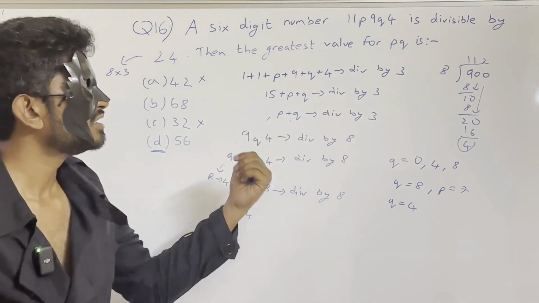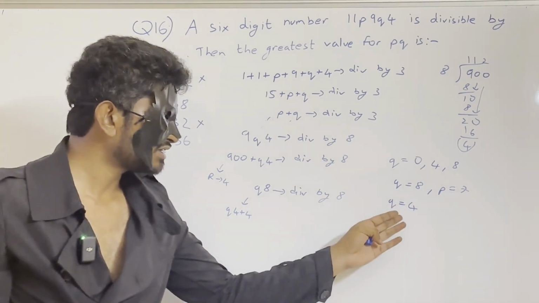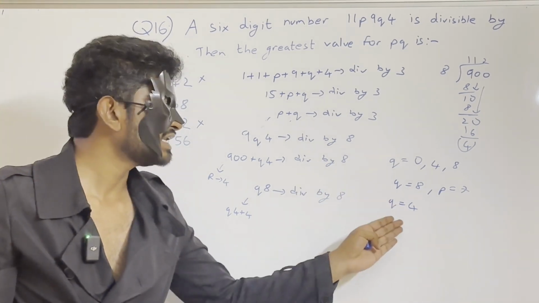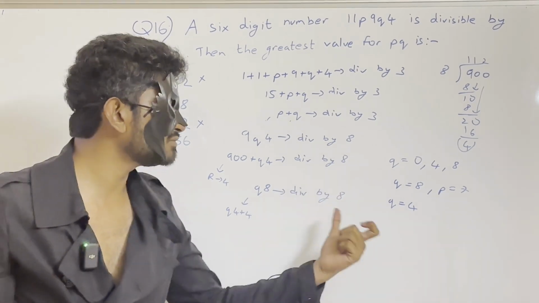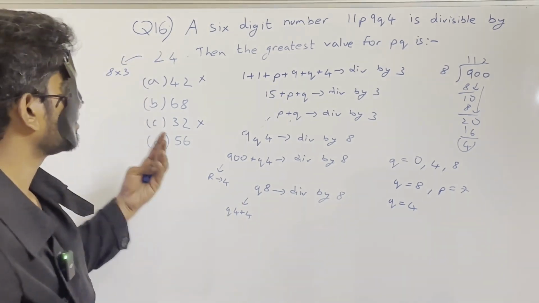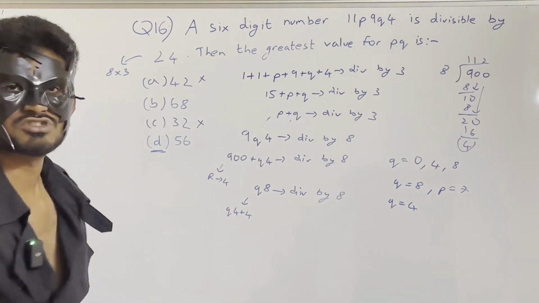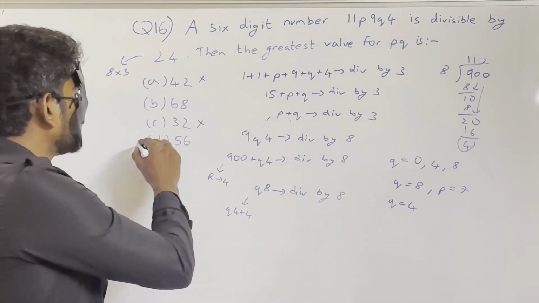What is the maximum value of P you will get? Maximum value is 9. 9 into 4, 36. So maximum value when Q is equal to 4 is 36, so obviously it's not more than this. So the only option possible is 56 here. So option D is right.